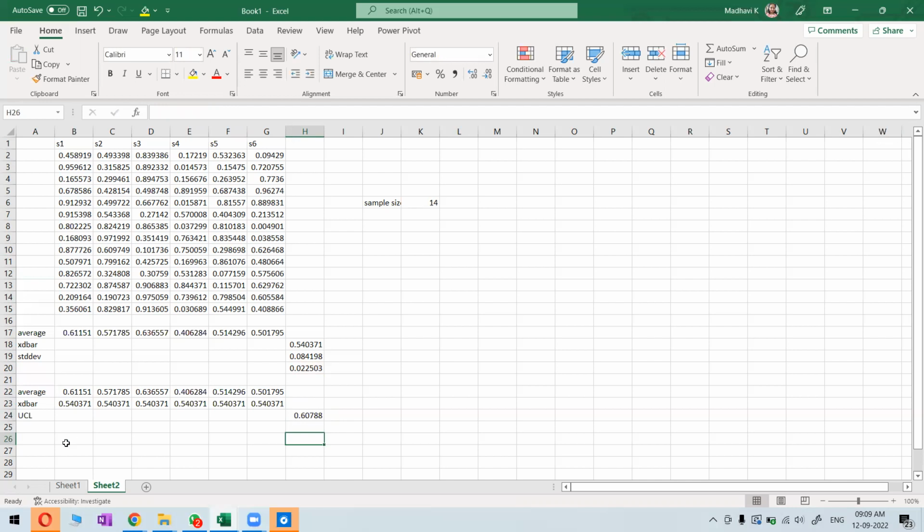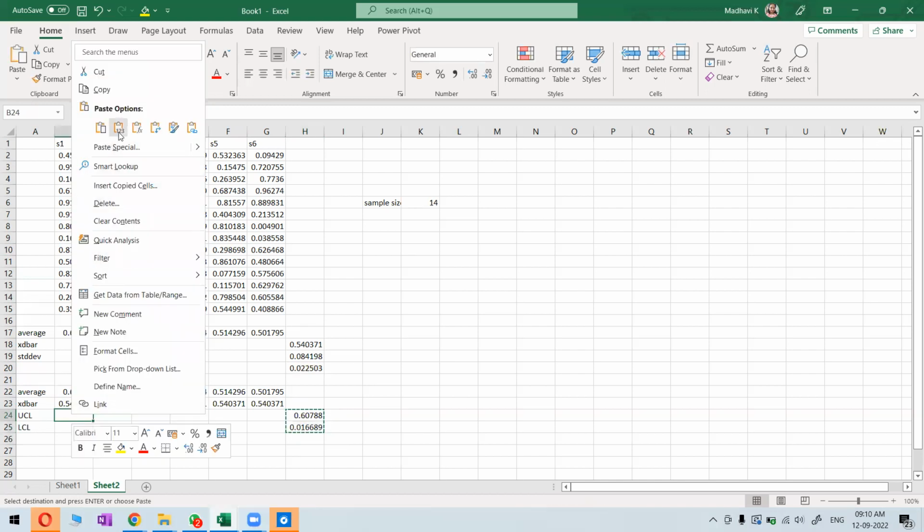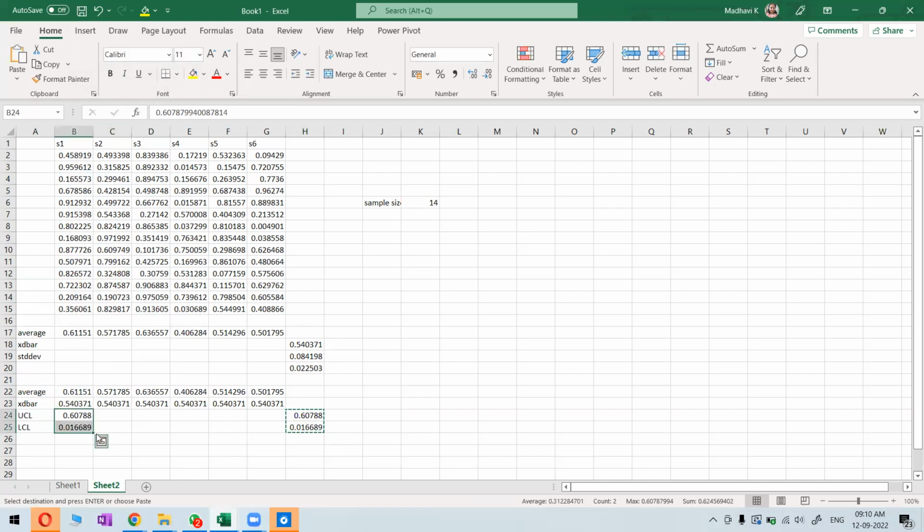And lower control limit, LCL, is nothing but X double bar minus 3 into sigma. Again, I'm copy pasting these two values and pasting only the values. And these four values will become the input for our X bar chart.